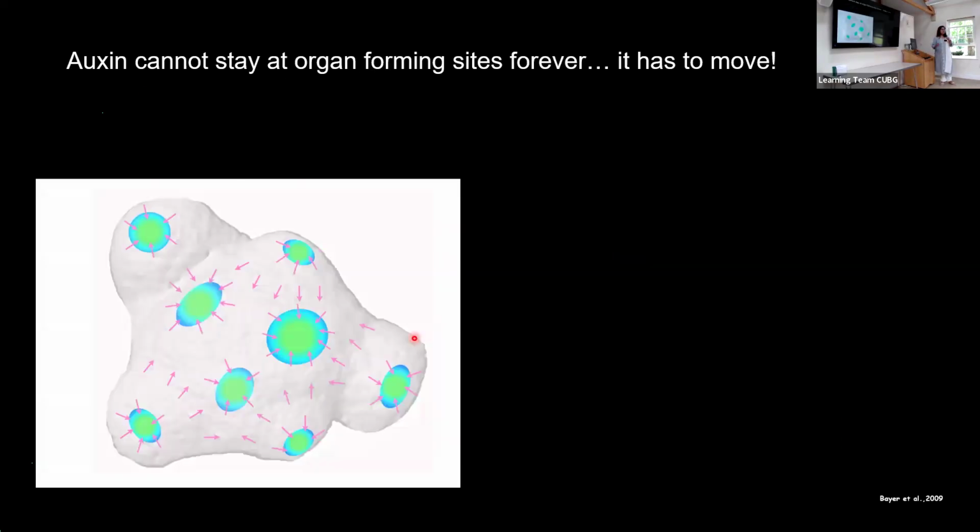Now, things are not as easy when it comes to forming organs, because nature is very complex. You see that there are auxin hotspots created here, and the arrows of transport are forming this kind of pattern to concentrate auxin.